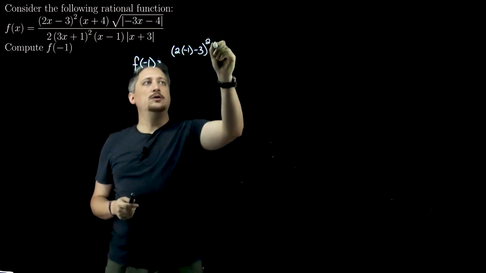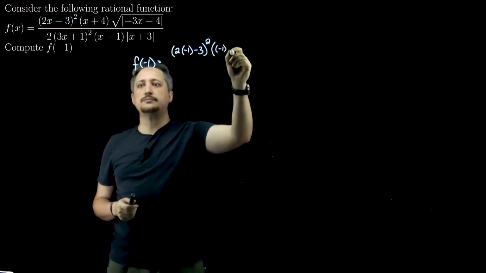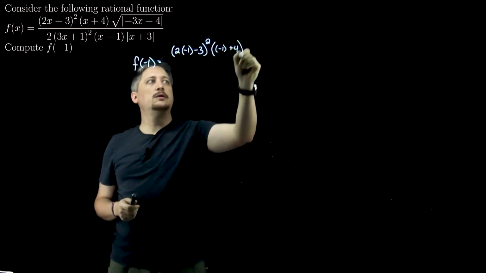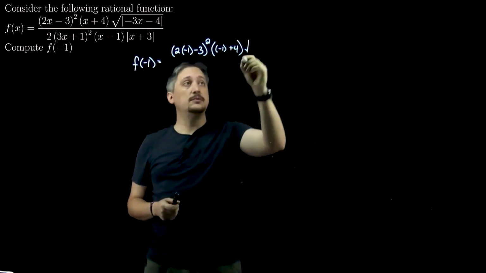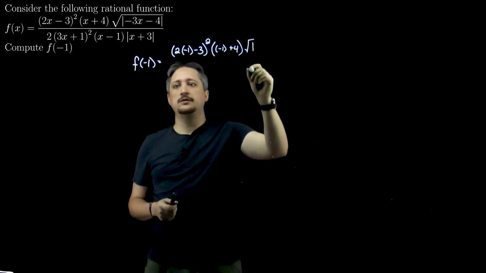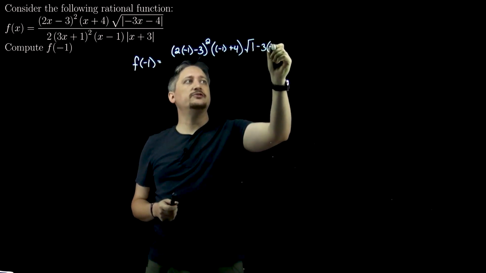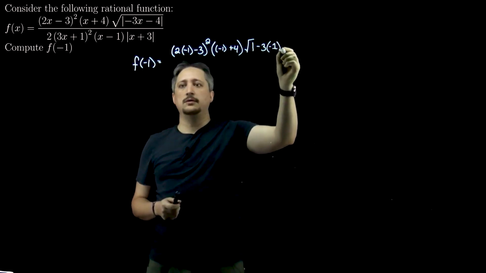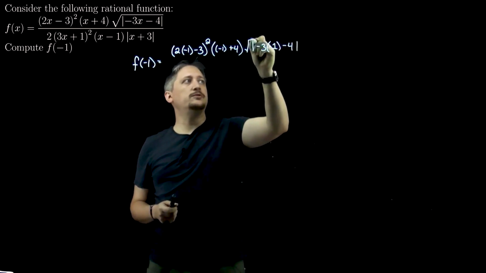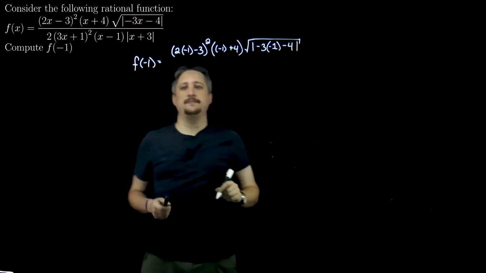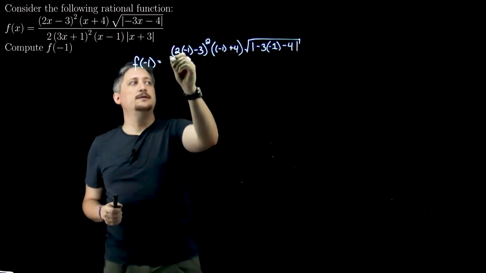Okay, open paren x, which is -1, plus 4, square root of absolute value of -3 times x, which is -1, minus 4, close absolute value, close root. Okay, so that's one term at a time, got across the top.